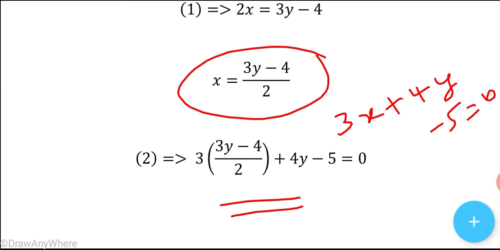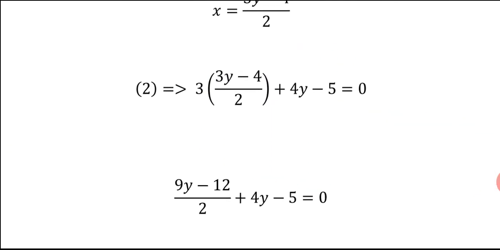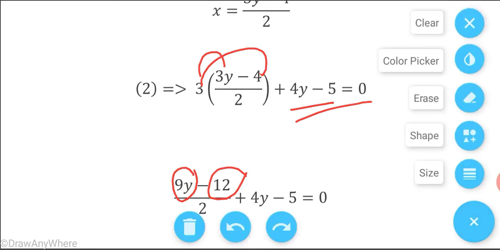So 3 into 3y minus 4 divided by 2 plus 4y minus 5 equal to 0. Multiplying the 3 with 3y gives 9y, and 3 into minus 4 gives minus 12, the whole divided by 2, plus 4y minus 5 equal to 0.